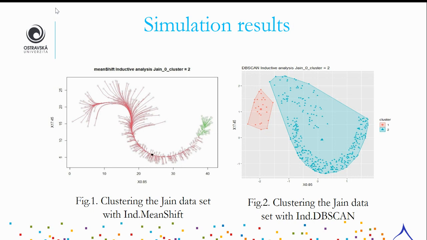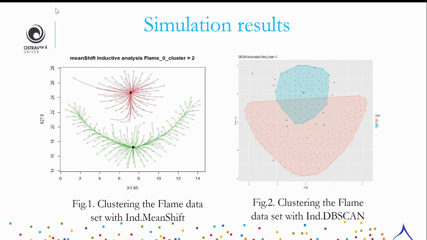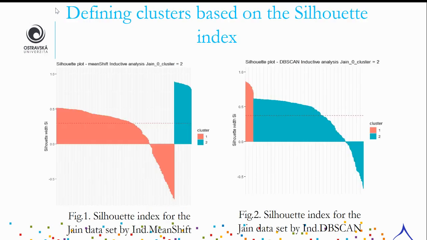So I would say that for the Jain data set, the inductive DBSCAN has demonstrated the better result. Unlike the Flame data set, because as you can see here, the inductive mean shift algorithm has shown the better result, because you can see two distinct clusters nicely separated, unlike DBSCAN, which has produced some strange result in my opinion.